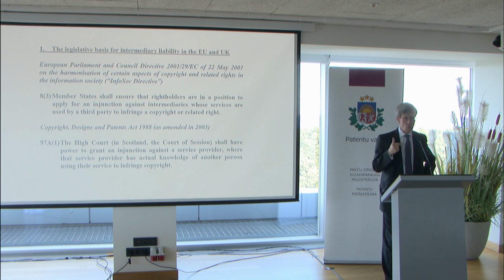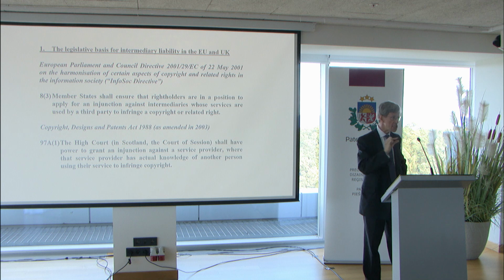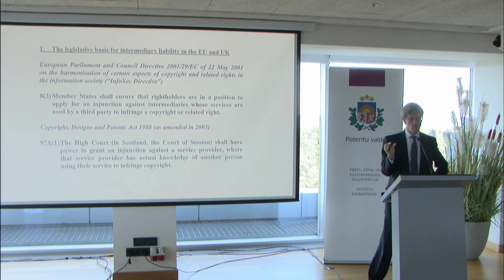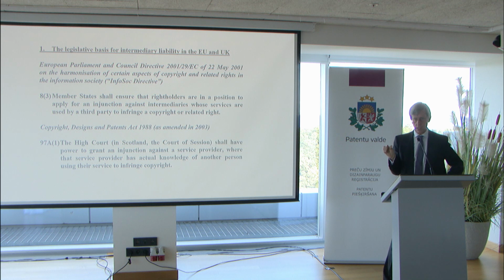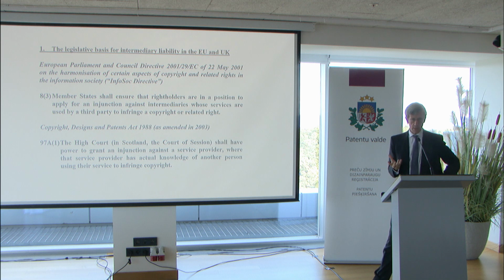But when we come to the EU law, we find that although accessory liability is not harmonised, intermediary liability for intellectual property right infringement is harmonised. And this is very important. Now, what do we mean when we talk about intermediary liability?